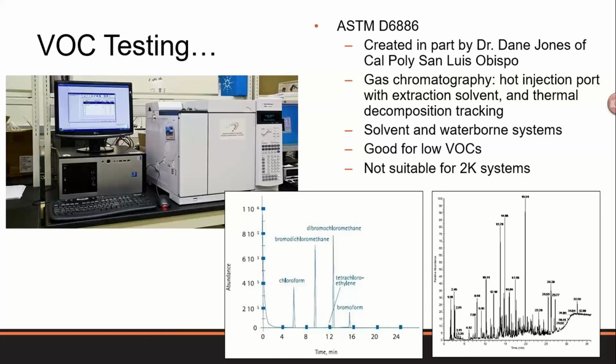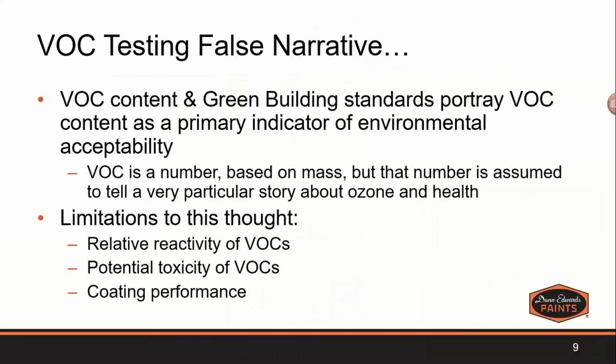You have to figure out at what point do you stop considering a product to be a VOC, and then go in with honestly a huge notebook as your sort of dictionary to go through and figure out what these products actually are. And this is actually great for solvent and waterborne systems, and it's good for low VOCs. The only thing it's not suitable for are 2-component systems, mainly because they would then react with each other within the gas chromatography, and that would be a very expensive mistake.